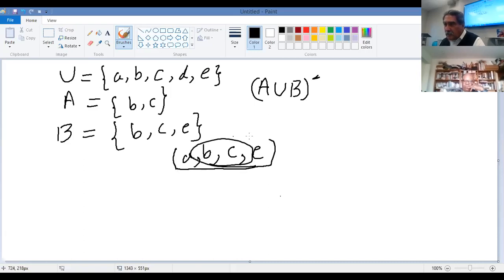This part. A, B, C, and E, okay? Now, what is not, then you go to the universal set, U, and cross this thing. So you don't want A, you don't want B, you don't want C. Actually, the union, I'm sorry, it can include E, because it has to be in both of them.